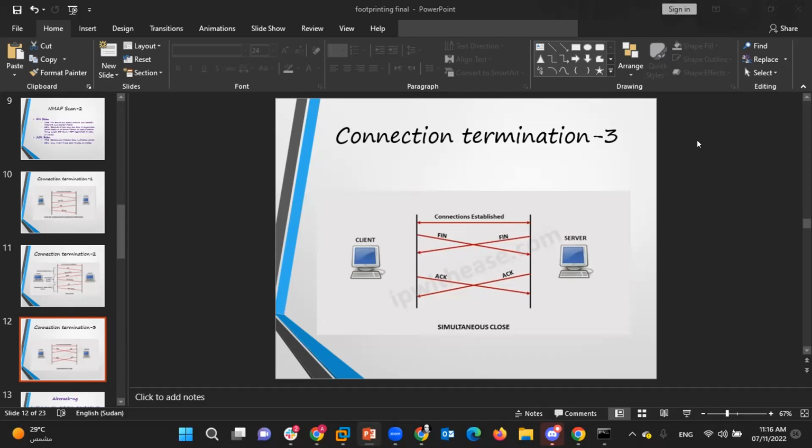For now, I acknowledge that I got your FIN packet. Here, not the client, but the session timeout manages this packet's transmission. It sends a packet called ACK to the server to terminate the connection.